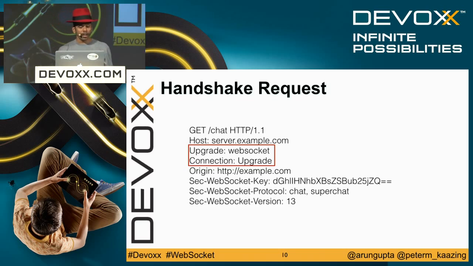Once the Upgrade and Connection headers are included, you also specify some Sec-WebSocket headers. These Sec-WebSocket headers are generated by the underlying WebSocket implementation. For example, you can use XMLHttpRequest to generate a set of HTTP headers, but you cannot generate Sec-WebSocket headers there.